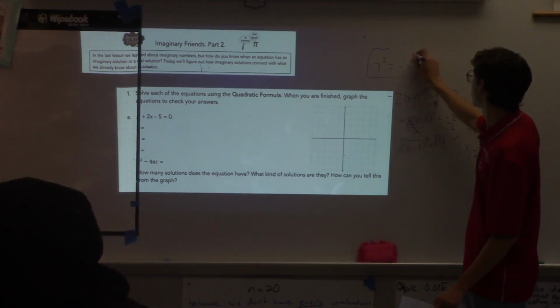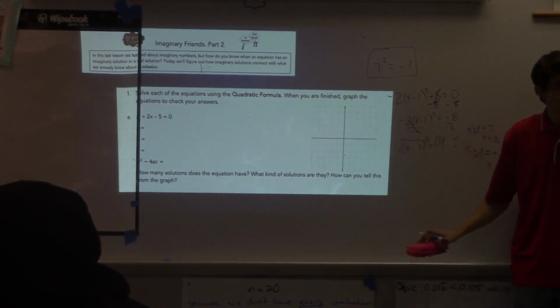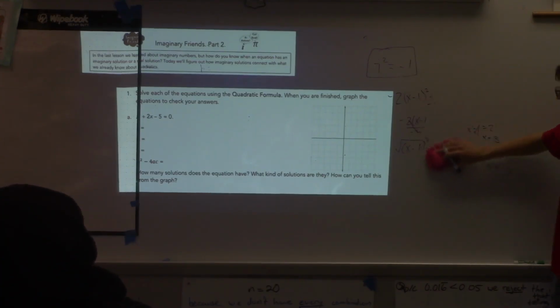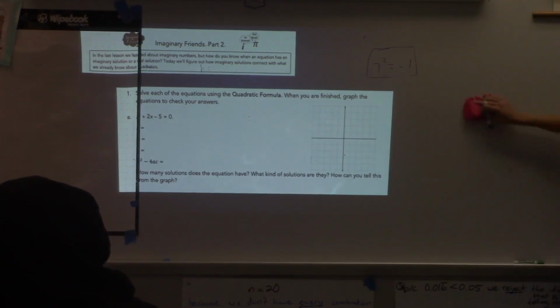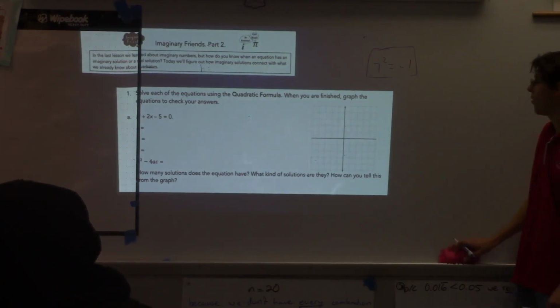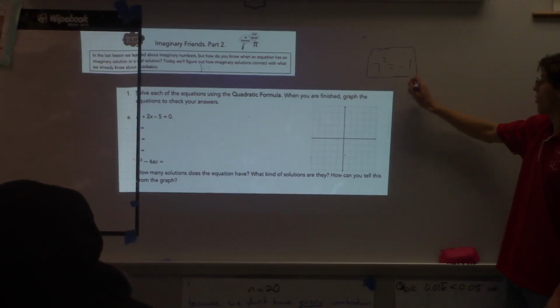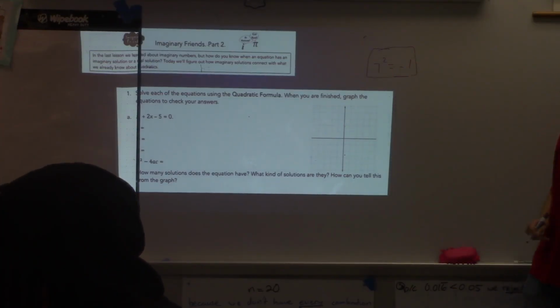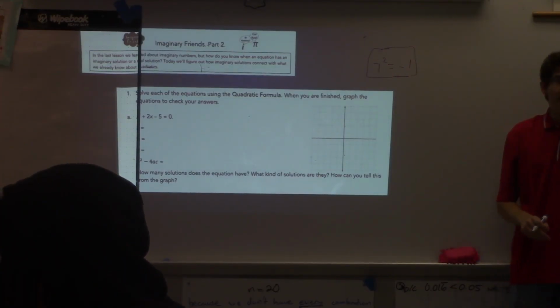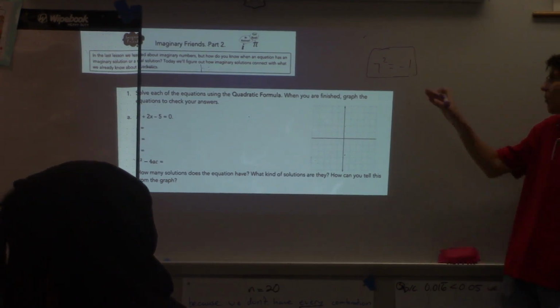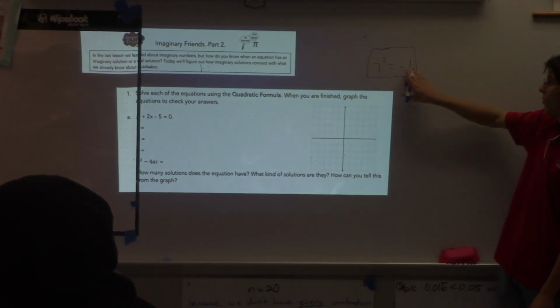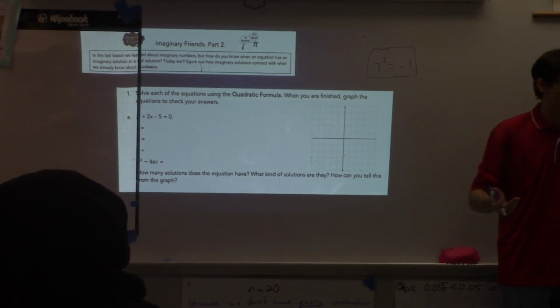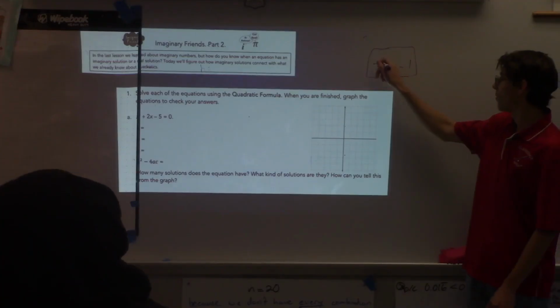So this is how we're going to define i going forward, and just for this task and for the next task, this is important to know: i squared is equal to -1. Obviously in the real numbers, we always say that we can't have a number squared that equals a negative, but that's where the imaginary numbers come in. We say the imaginary number i, when we square it, we end up with -1. This is i.